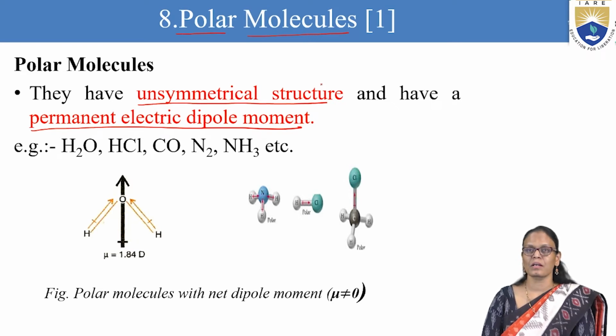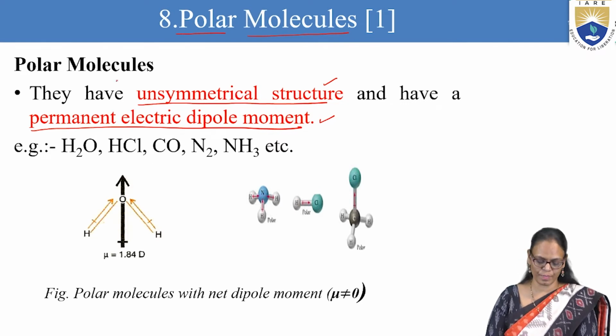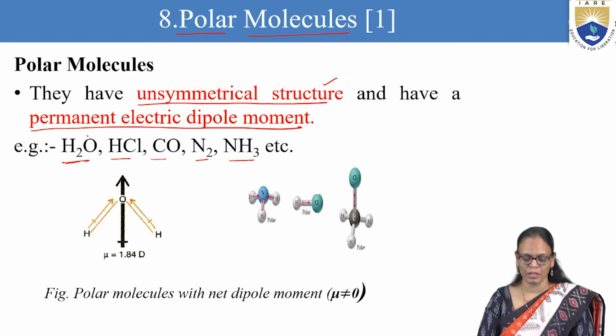So two things: unsymmetrical in structure and having a permanent electric dipole moment. Examples of polar molecules are H2O, water, HCl, CO, N2, NH3. All these are examples of polar molecules.